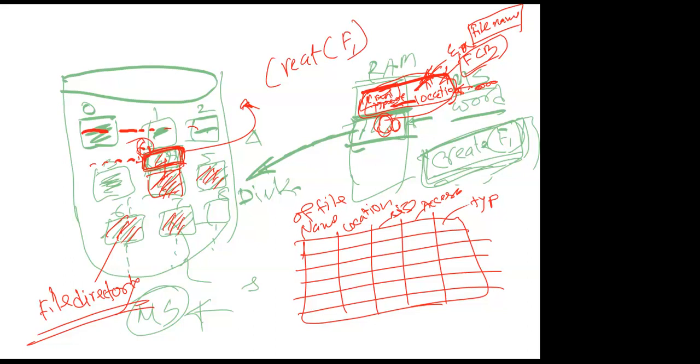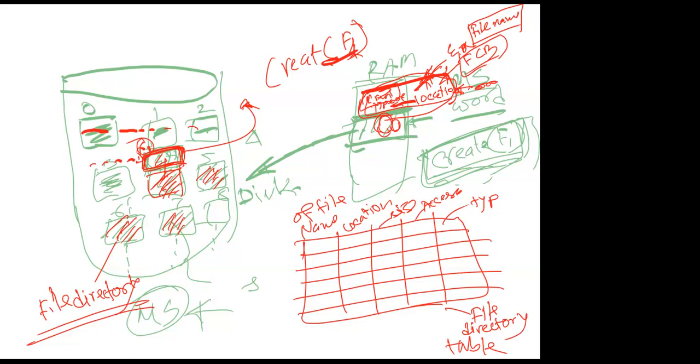Once you create and save a file, you need to give parameters like the file name, and then you can save. So the file name will be added to the file directory table.